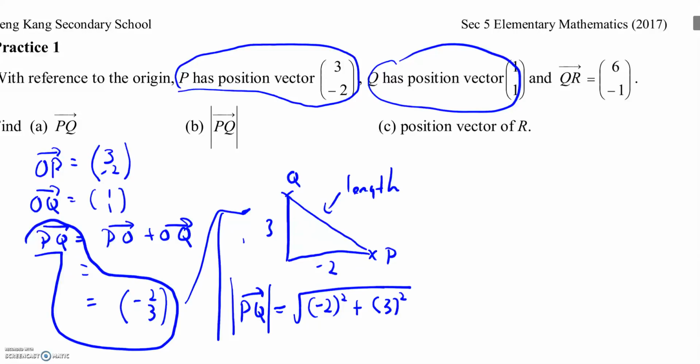What are the two numbers? Then you will get the answer. And what is the answer? 3.6055. Then you round up to 3.61 units.